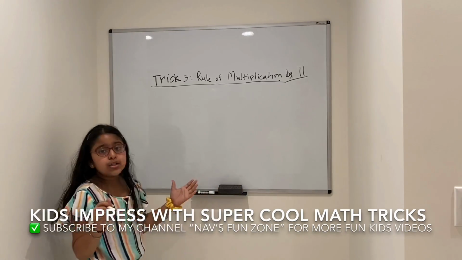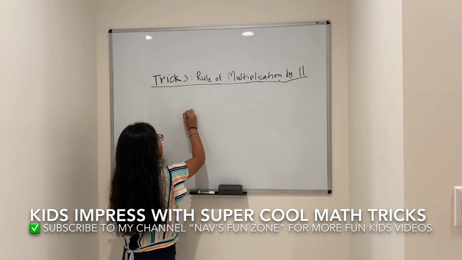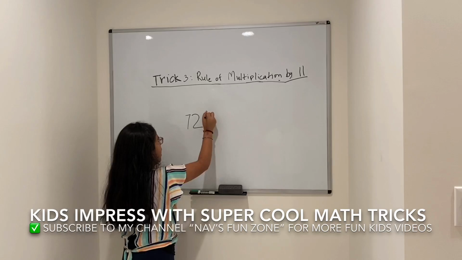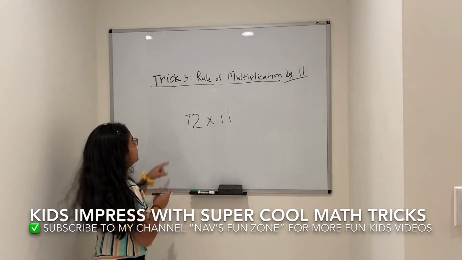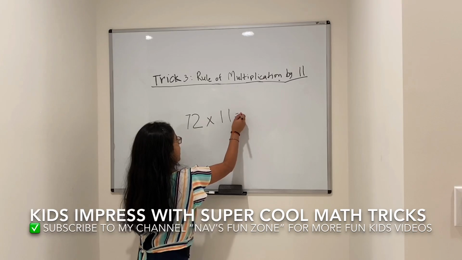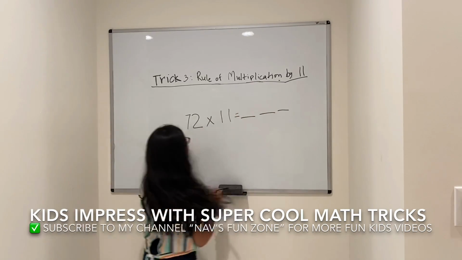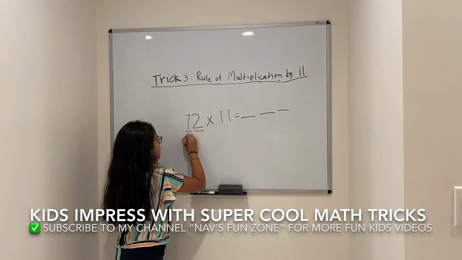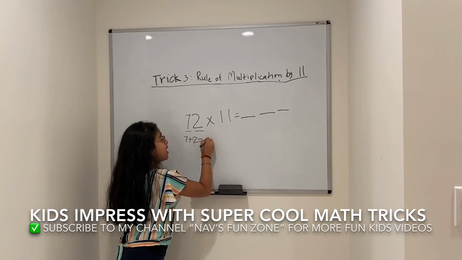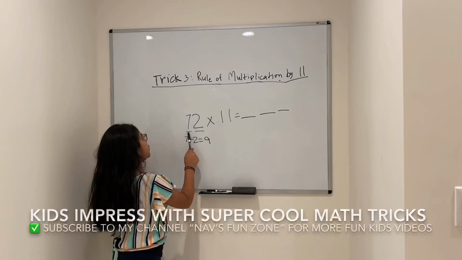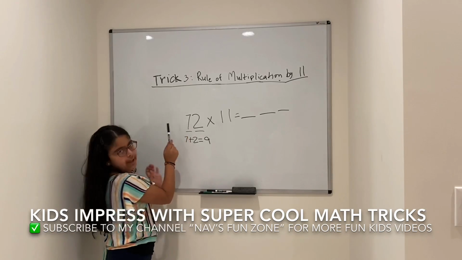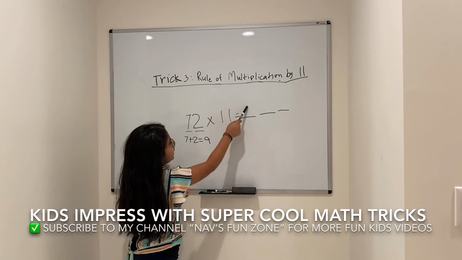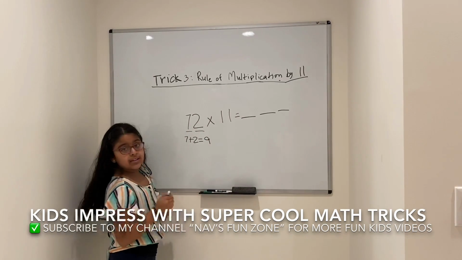Let me show you another example. So let's try 72 times 11. As you know, we're going to do 7 plus 2 equals 9. Now we're going to take the first digit of this number, 7, and put it in the first digit of the answer.